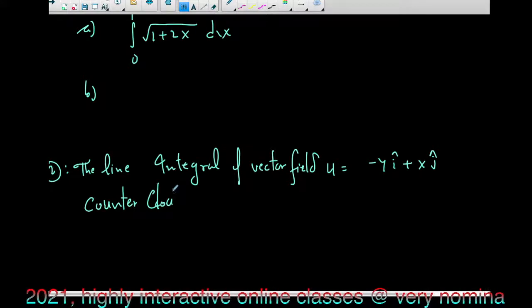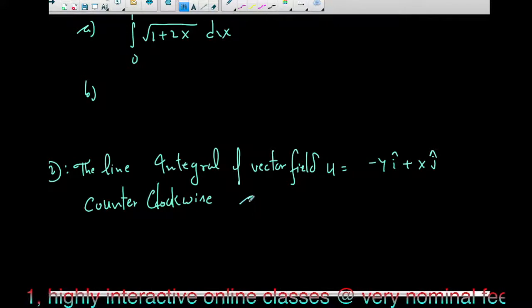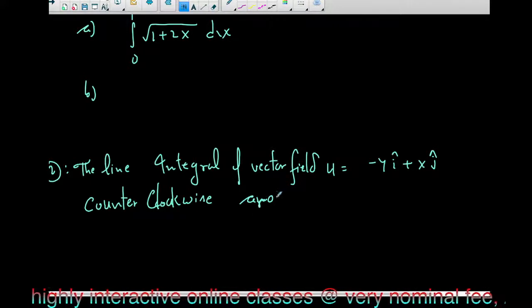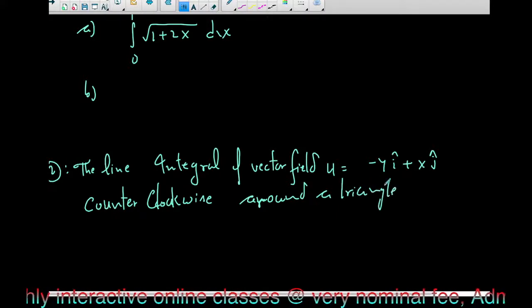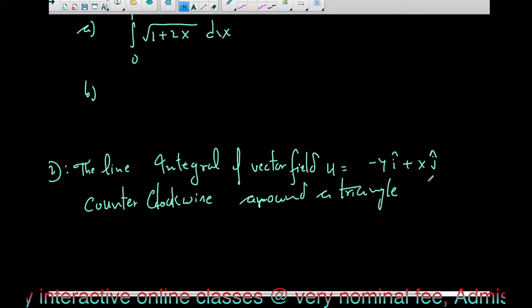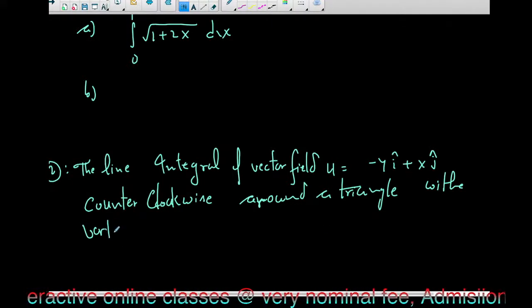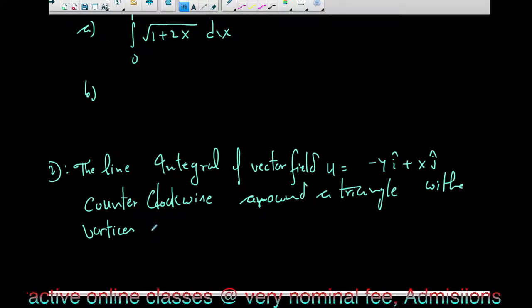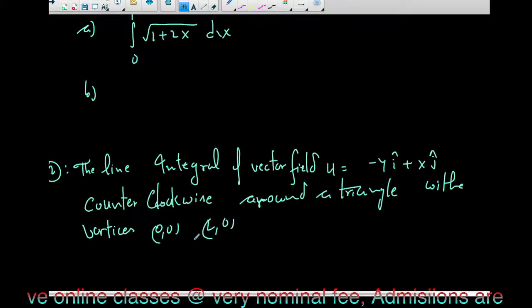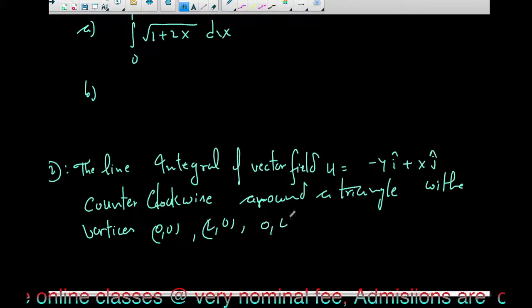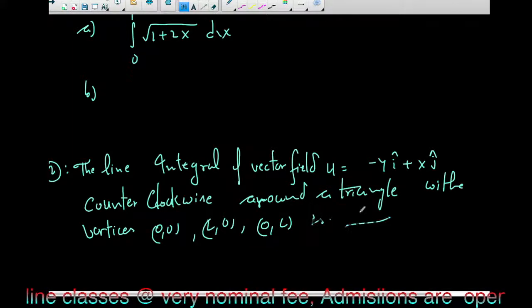Integration is taken counterclockwise around a triangle with vertices 0 0, l 0 and then 0 l, is equal to, question mark.